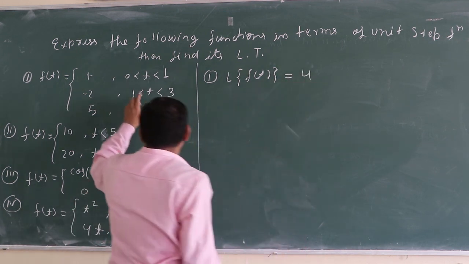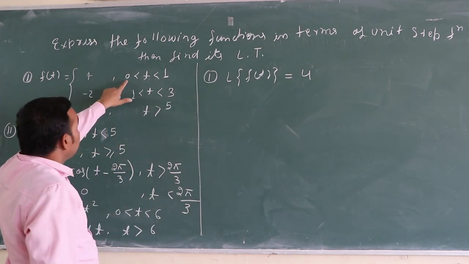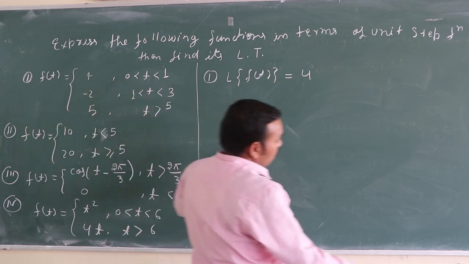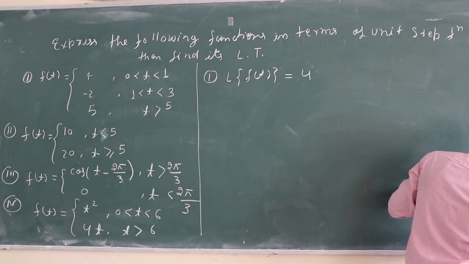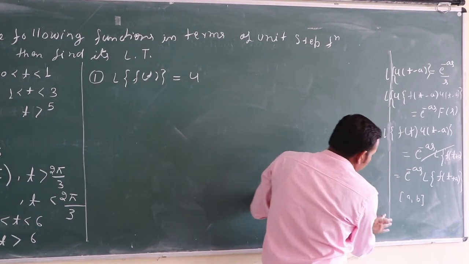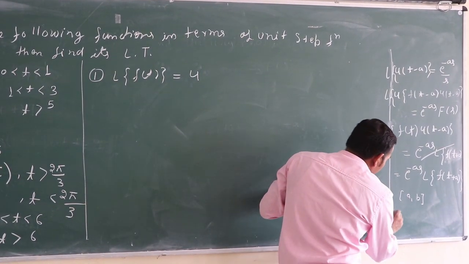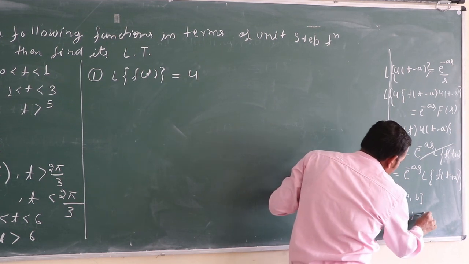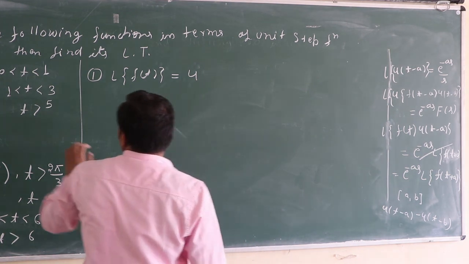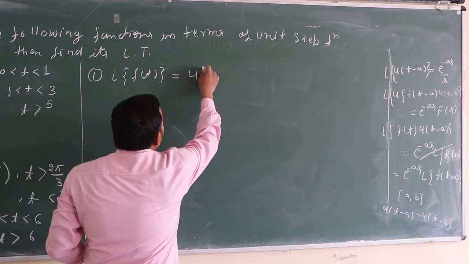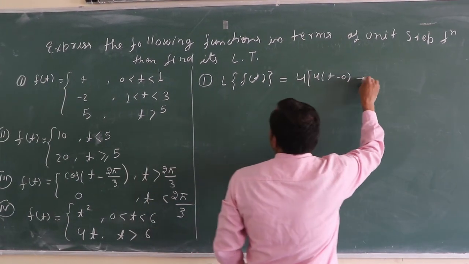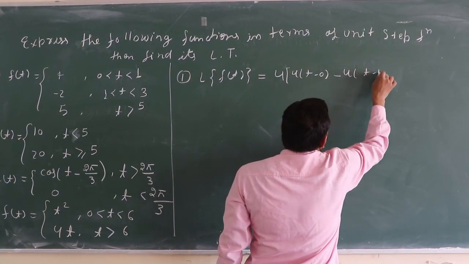And we know that the unit step function can be written so that if we have a function between a and b, then simply you write it as u(t minus a) minus u(t minus b). So we can write 4 as u(t minus 0) minus u(t minus 1).